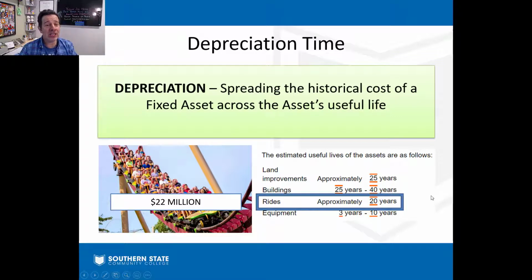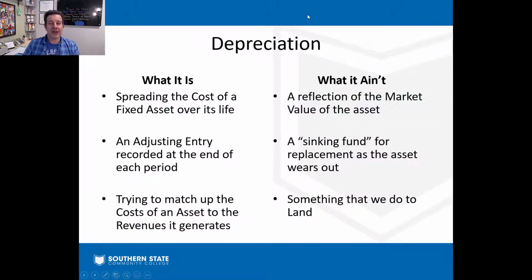That's all depreciation is. Taking the amount of the fixed asset, spreading it over the life of the asset. And that confuses some people. Because people think, well, depreciation, I buy a new car, I drive it off the lot, and it depreciates 40% the second I drive it off the lot. And yeah, okay, that might be true, but that's not what we're talking about in accounting.